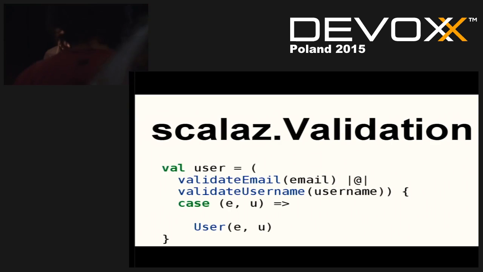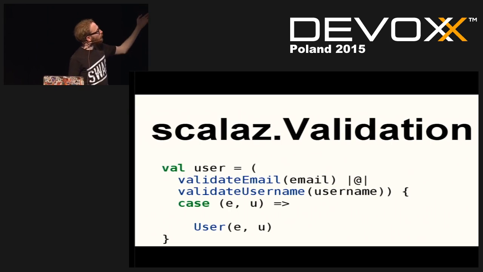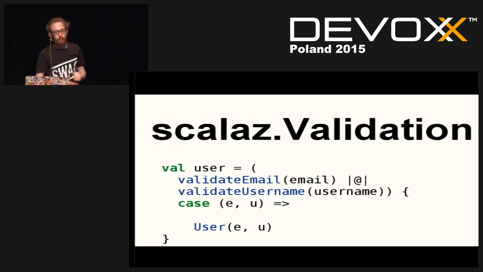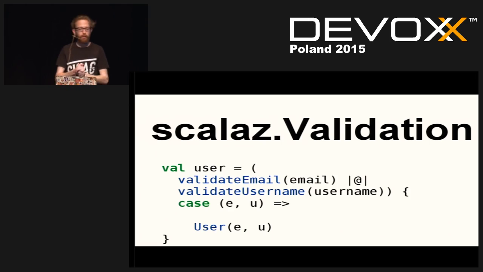And to use it, yeah. So I have a validateEmail returning me a ValidationNel of Email and a validateUsername returning me a ValidationNel of Username. And I combine them with a little operator called the Home Alone operator or the cinnamon bun operator or the Munch scream operator. It has many names. Anyway, it allows me to combine together validating functions, and if everything goes well, then I got my values.